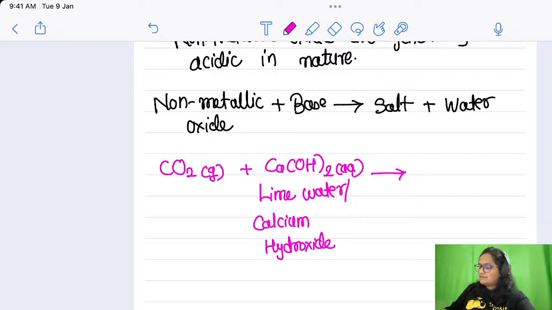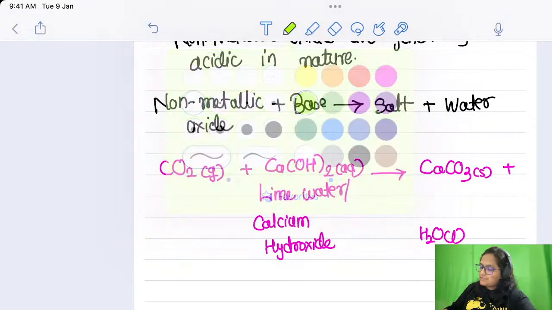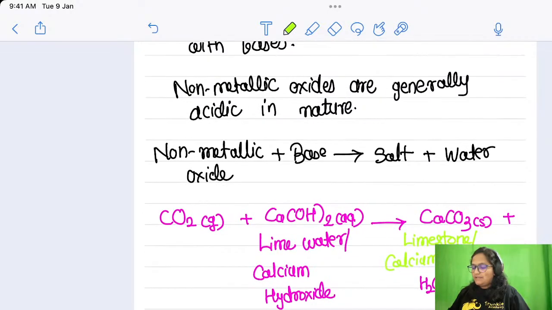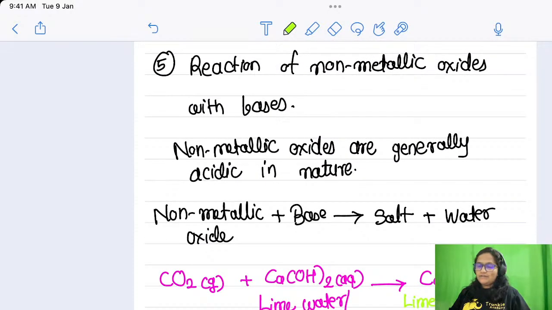So we are getting the compound CaCO3 solid plus H2O, plus water liquid, right? What is CaCO3 here? CaCO3 is nothing but the limestone, or it is also called calcium carbonate, right? So this is the example for reaction of non-metallic oxide with bases, right? Take a screenshot of this page also.